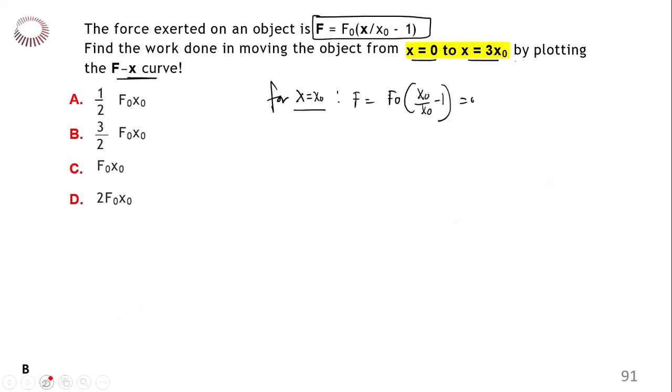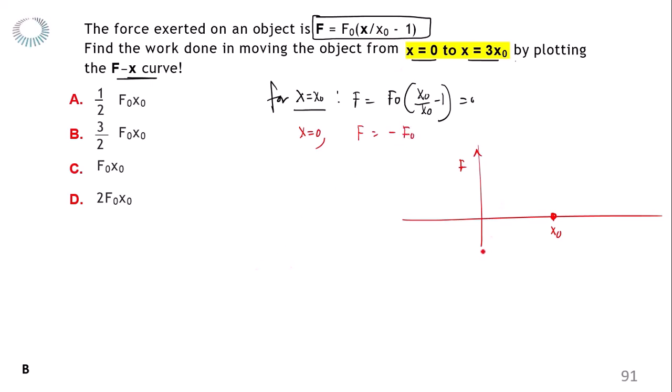So at x equals x naught, the force is 0. This is one point on the graph. And once I put x equals 0, the force should be equal to minus F naught.